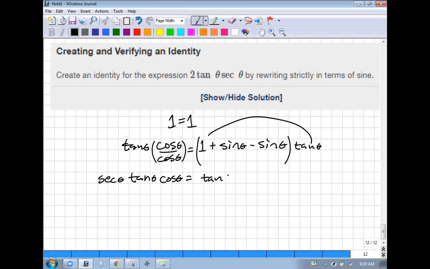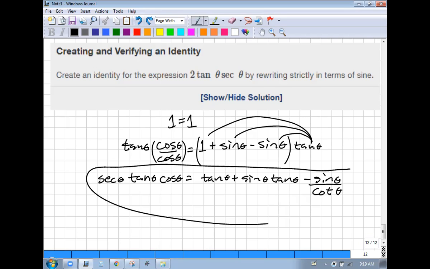So I have a tangent plus sine tangent, and then minus sine tangent. But I'm going to take this tangent and write it on the bottom as cotangent, because tangent's 1 over cotangent. So I know this is an identity because I started off with 1 equals 1 and I just added stuff. Does that make sense? That's how I would create a problem.